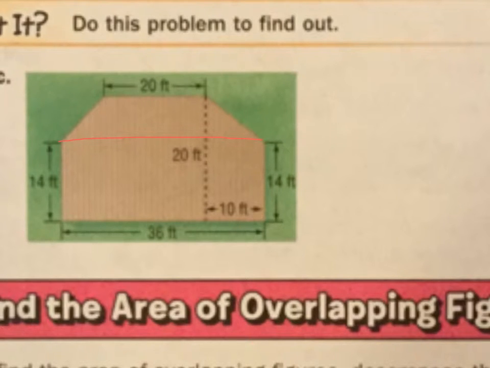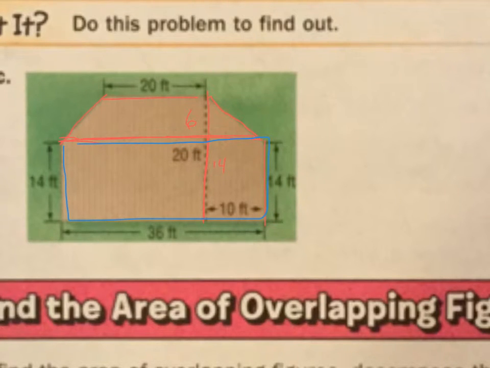If this whole thing is 20 and this is 14, then this right here is 14 and this is 6. So now I can figure out this trapezoid, and then I can also figure out this rectangle, and then I'll add them together.